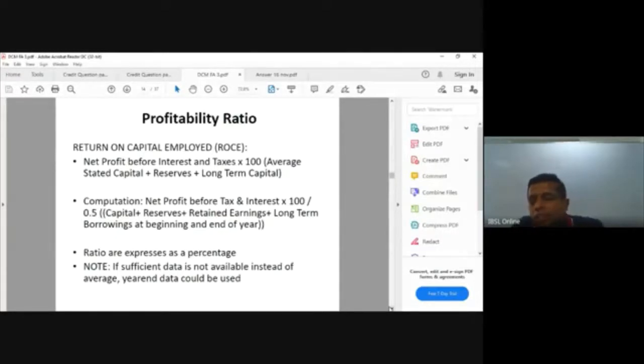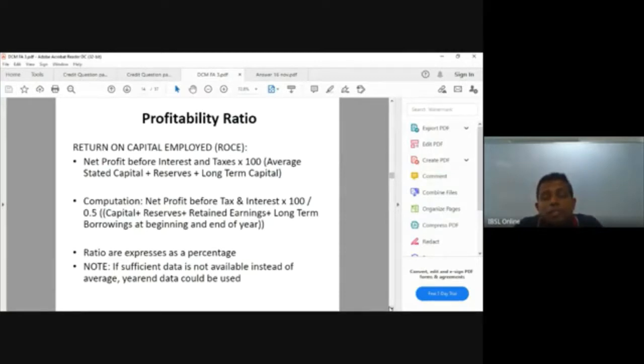Now, when you are calculating, for example under part 3, you calculate return on equity, where you calculate the equity capital and the average equity also. Don't calculate the average equity again for return on capital employed.